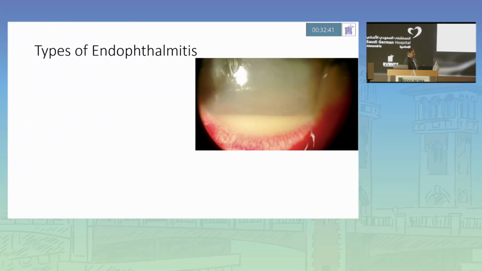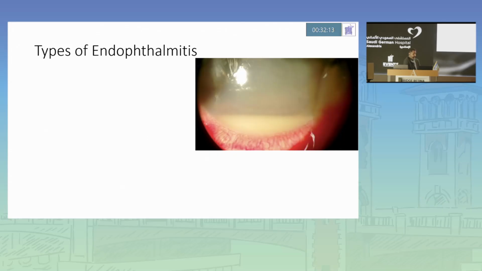So, Dr. Khalid, when you are confronted with such an image or such a presentation, how do you classify or think about the issue of endophthalmitis? What are the types of endophthalmitis? Of course, this looks to me like a severe form of endophthalmitis.